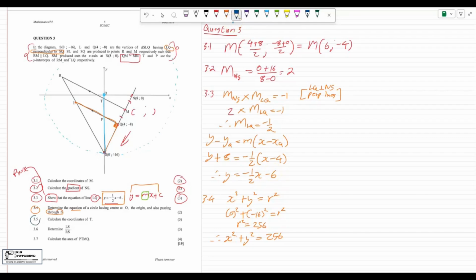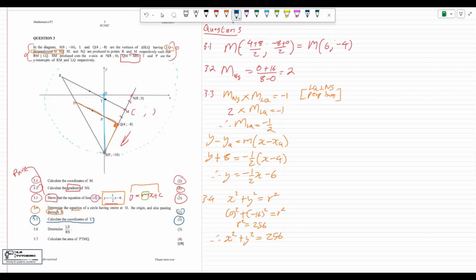Now, 3.5, they want us to calculate the coordinates of T for 3 marks. Now, where is T? T is this point here, right? It's a point on the y-axis where we know that x is equal to 0.